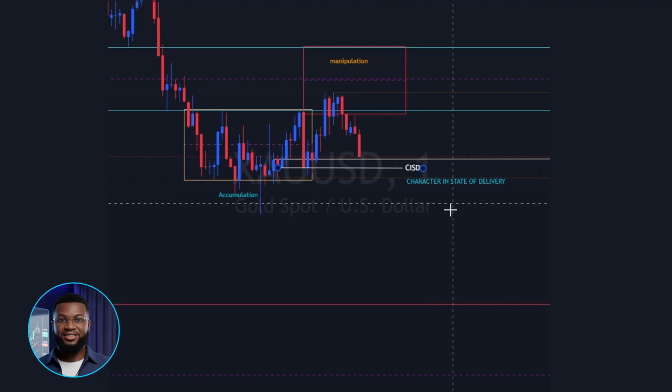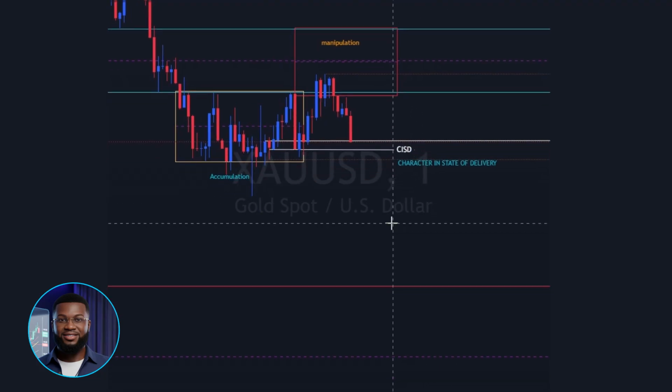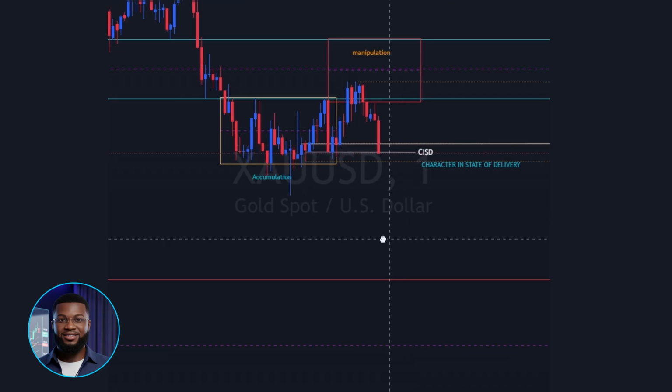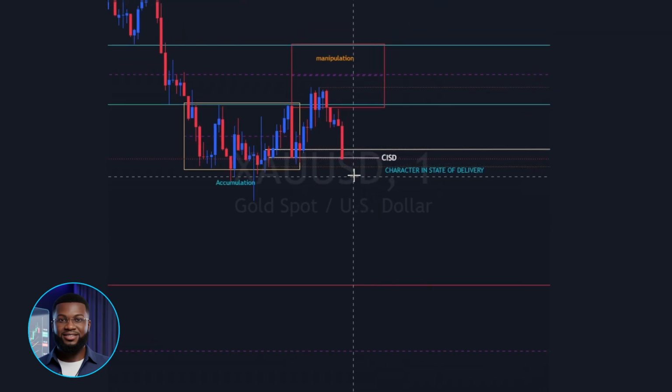Brothers and sisters, you can see the momentum right here. So we are waiting for a candle close. Price just wicked. We are not entering. As I said, we want a candle closure below and a retest if possible.